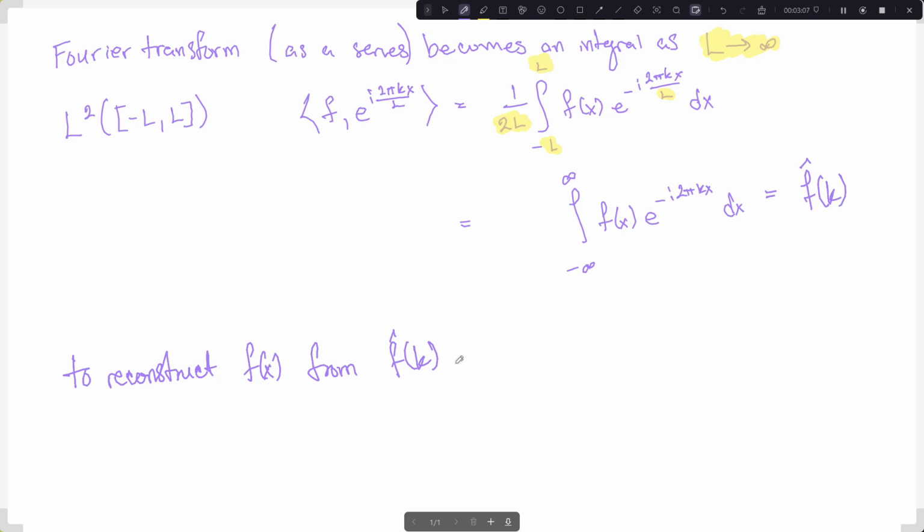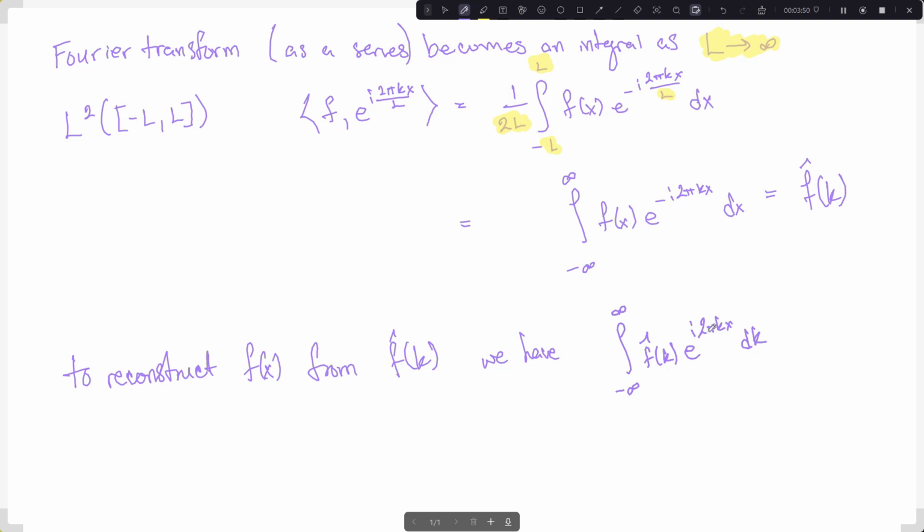To reconstruct f of x from f hat of k, we have, instead of my series, I actually repeat this procedure. Now I have a 1 over 2 pi out to infinity, an integral minus infinity to infinity, f hat of k e to the I 2 pi k x dk.